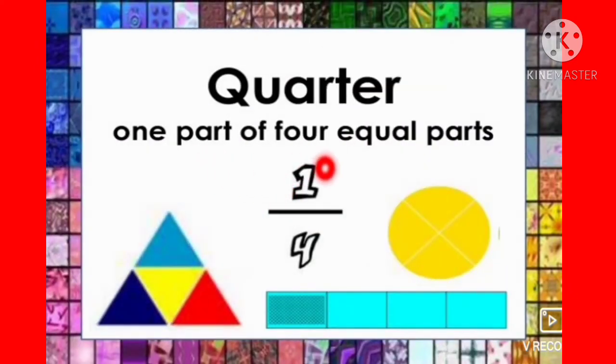Quarter, one part of four equal parts. So when the whole complete thing is divided into four equal parts. Here triangle divided into four equal parts, and each color, blue, yellow, navy blue and red represents quarter, 1/4 of the whole triangle.